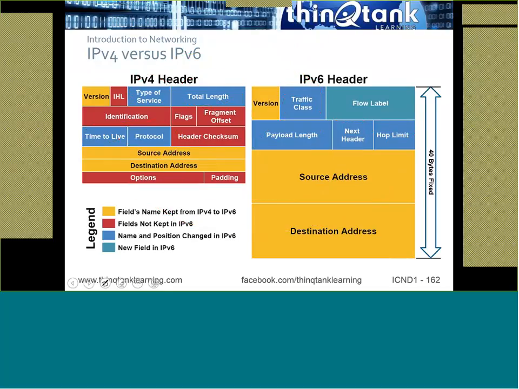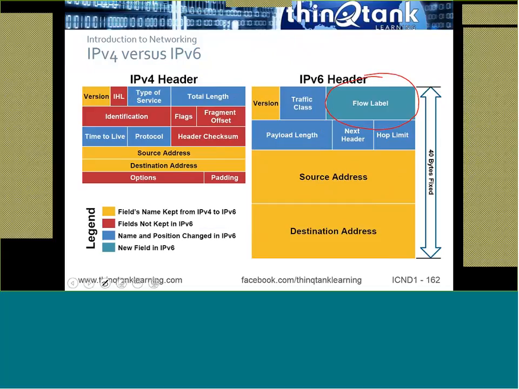There's only one new field that was introduced. It's a 20-bit field called the flow label field. Now, you can read lots of documents online about what the flow label field is used for, and there are some contradicting representations of that, but the idea is that it allows us to identify packets in a flow of packets.